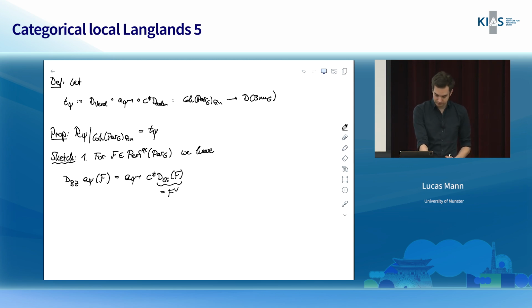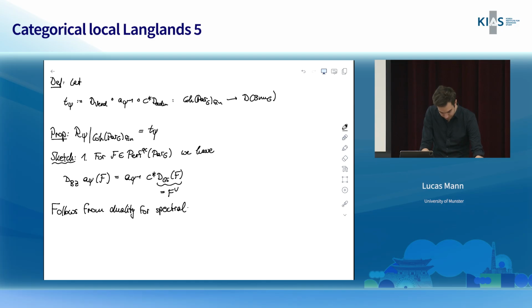So what goes into this proof? There are two main ingredients. This follows from duality for the spectral action. I think this was written down in David's third talk, but you might be slightly confused why there's a psi and a psi inverse.